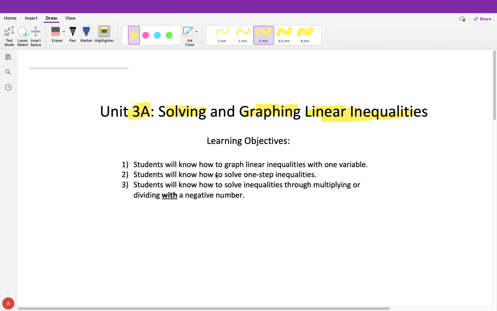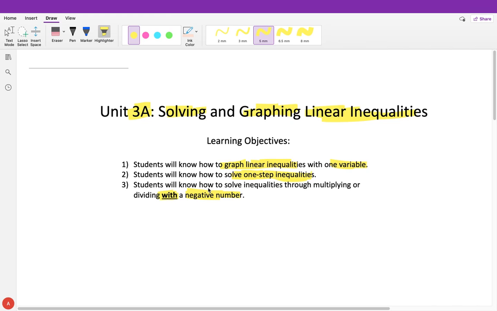So what you'll need to know how to do, and remember, just at a basic understanding of this, is to be able to graph linear inequalities with just one variable. And then you'll also have to know how to solve one-step inequalities. And then we're going to learn something new that some of you may not have learned yet. And it's going to be solving linear inequalities through multiplying or dividing, specifically when we have a negative number out front as a coefficient.